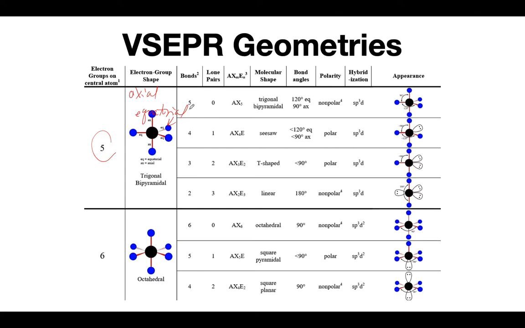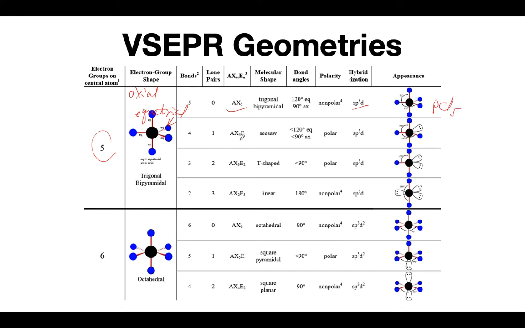The first, 5 bonds, this case AX5. So that's trigonal bipyramidal, so this is nonpolar. This case you can see is sp3d, right? We know you only have 3 p orbitals, but there's a d orbital. So that's how we have an example like that.